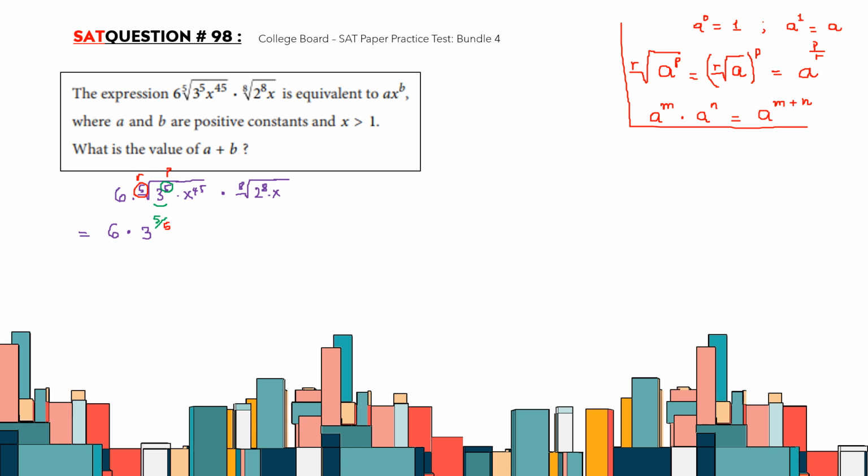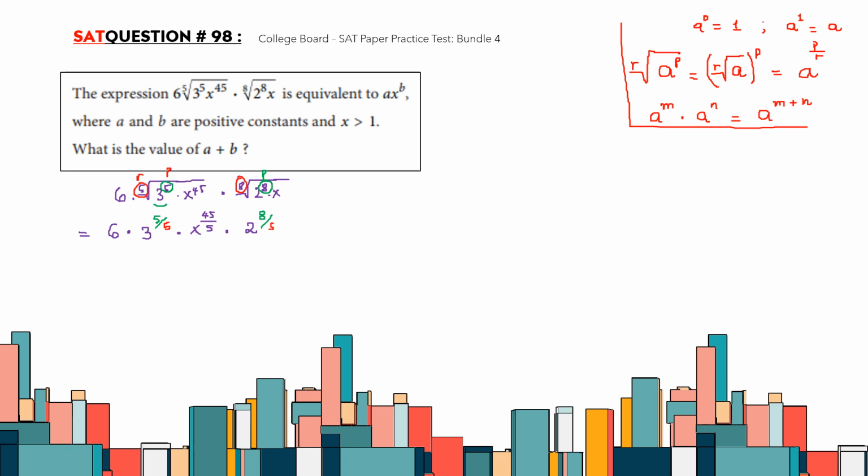I color it so you can see which number I'm taking from. Multiply by x: the power is 45 and the root is 5. Multiply by 2: the power is a and the root is a.